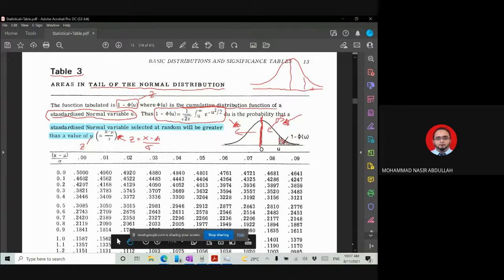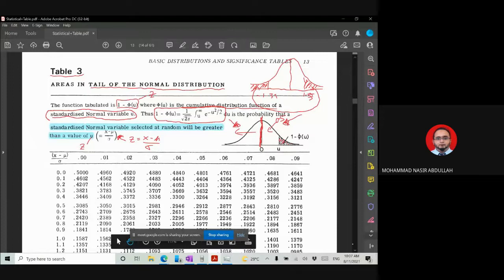Let's say we want to find this area. 1.35 is also equal to negative 1.35 on the left. So this area and this area are the same, with the same total area under the curve.